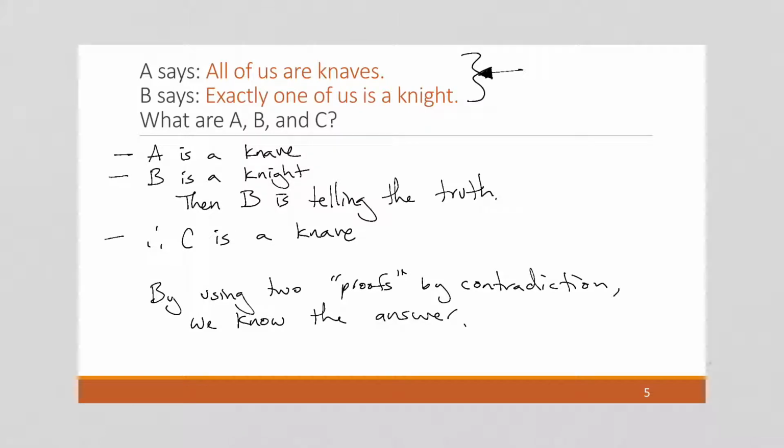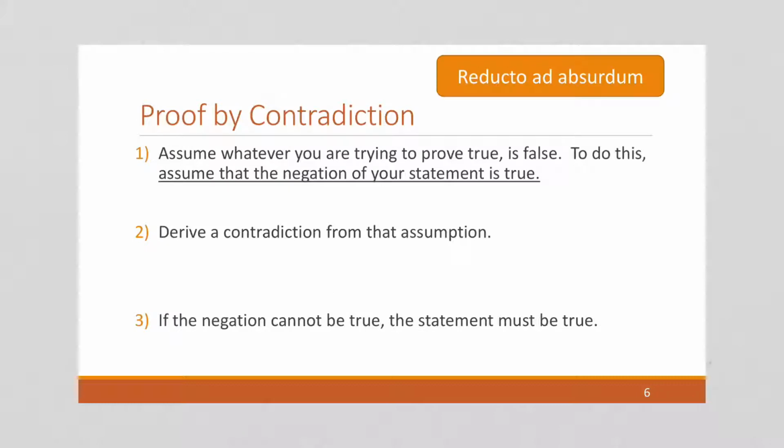So let's formalize this notion of a proof by contradiction. So the way a proof by contradiction works, first of all, in Latin, proof by contradiction is known as reductio ad absurdum, which quite literally means reduction to absurdity.